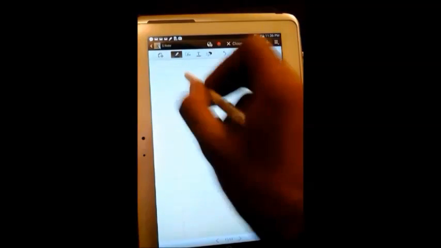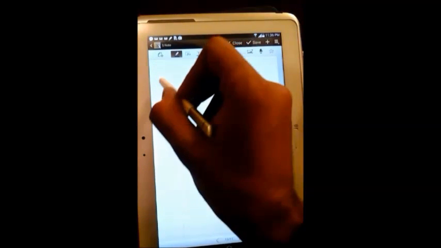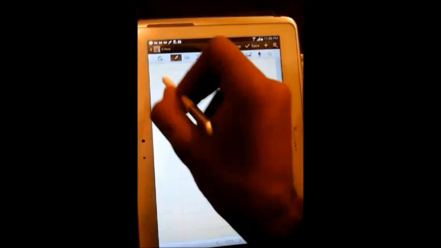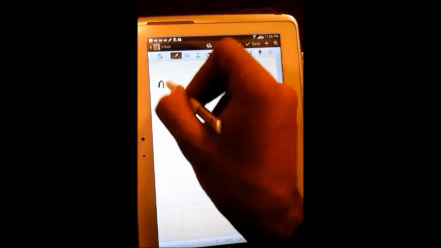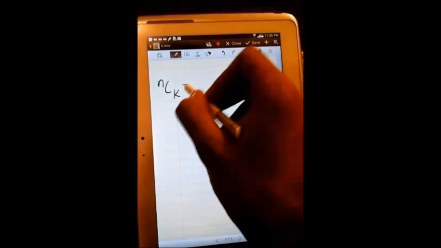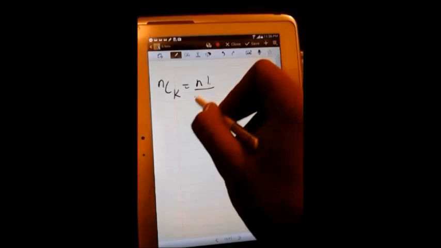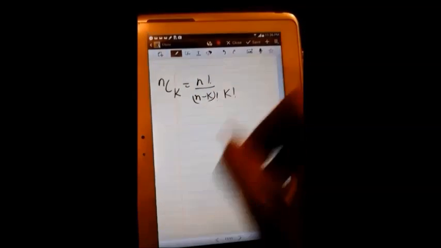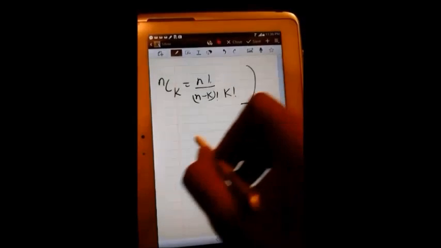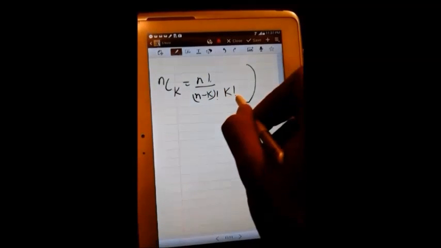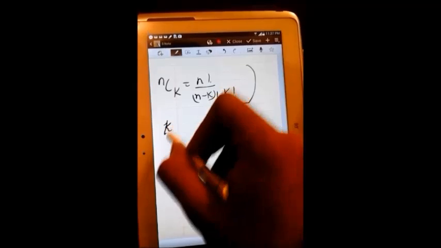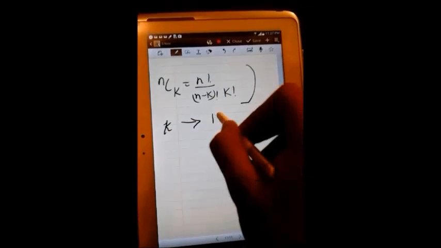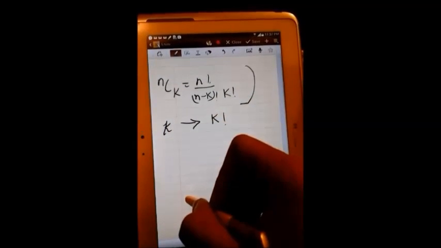Now, once we have selected those objects, in order to arrange those objects, nCk is equal to n factorial upon n minus k factorial into k factorial. We have selected k, and therefore those can be arranged in k factorial ways.